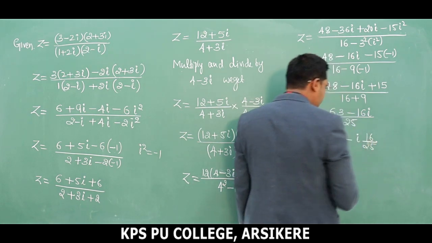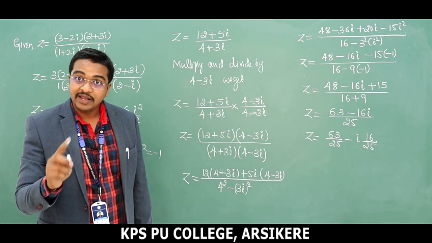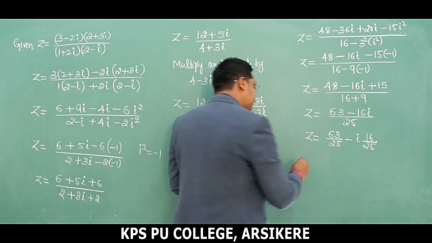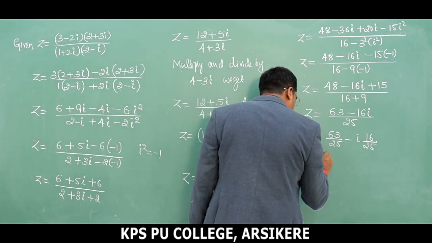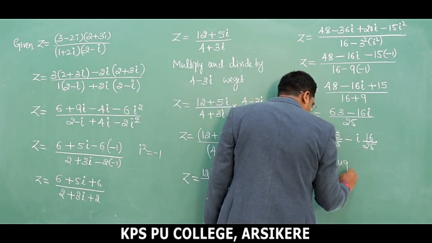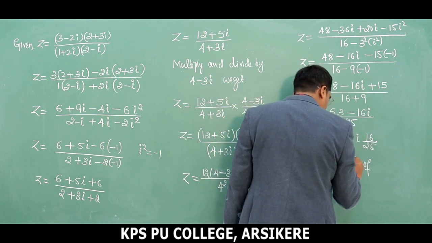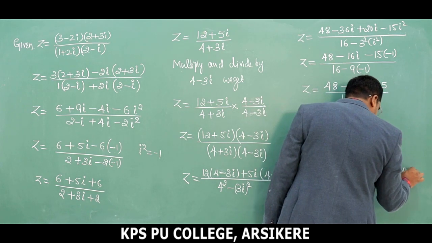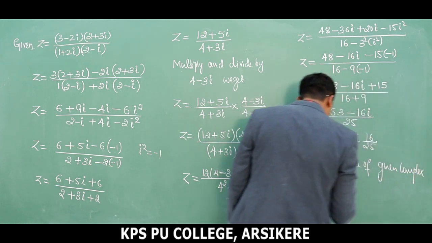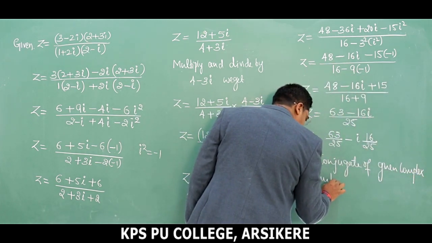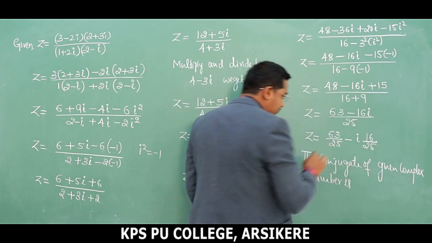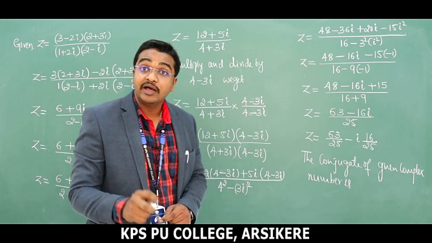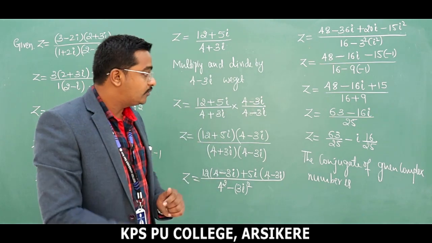63 divided by 25 minus i times 16 divided by 25. Therefore, the conjugate of the given complex number is, okay, so what we have, Z is equal to 63 divided by 25 minus i times 16 divided by 25.